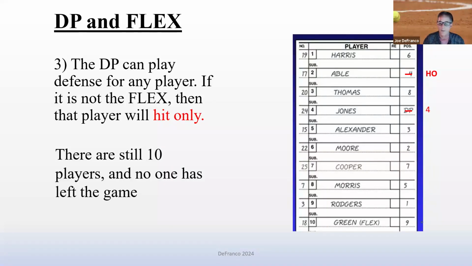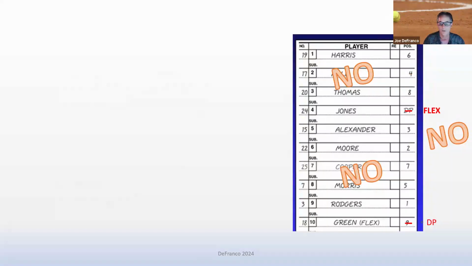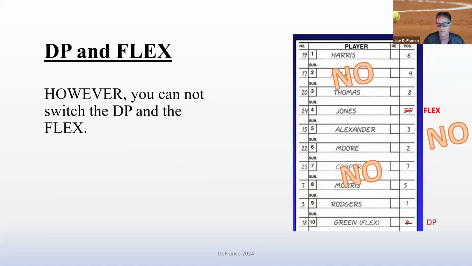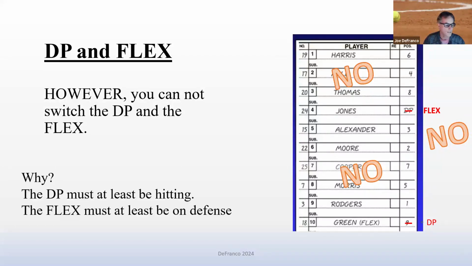Now just watch out for the switching, though. Some people think you can switch the DP and the flex, and that is not a possibility. Why can't you do that? Well, I said in one of the first few slides that, let's take Jones, the DP, at the very least Jones has to hit.